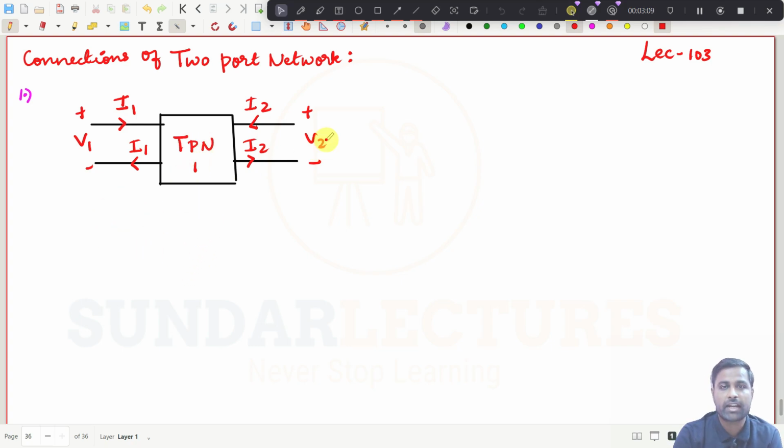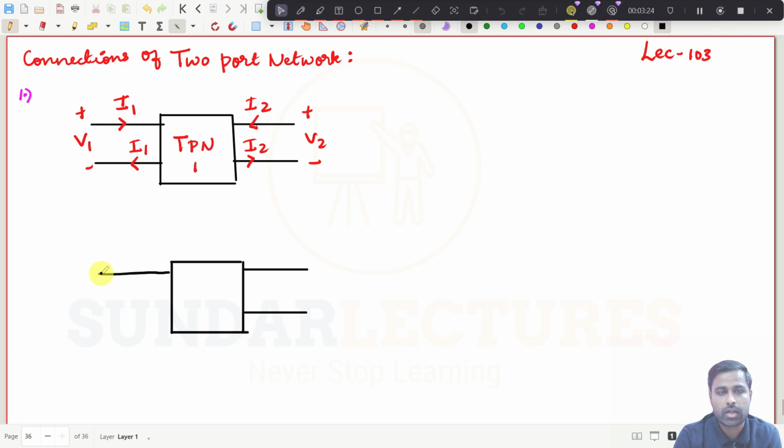And if we have another network, I will draw here. You have another network like this, maybe another two-port, a different circuit. Same thing, this is two-port network number 2. This is plus, minus.